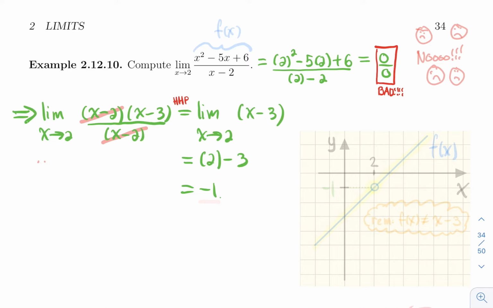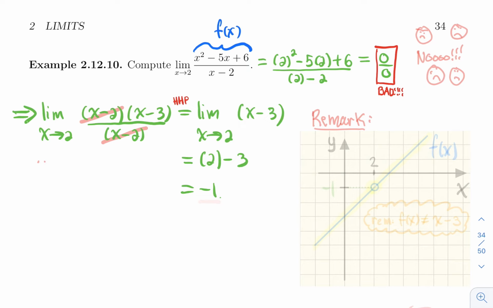For that example, I want to show you what the equation x squared minus 5x plus 6 over x minus 2 looks like. So if I call this equation f of x, if you draw this function, this function is not defined at 2. If you plug 2 in there, you get a division by 0. But when you look at the graph of this function, after you simplify the x minus 2 at the numerator and at the denominator, you get x minus 3.